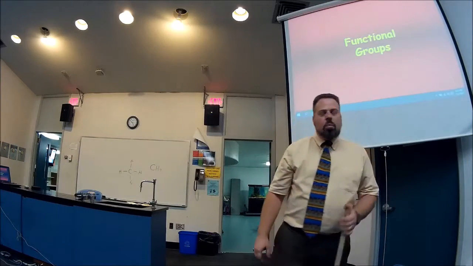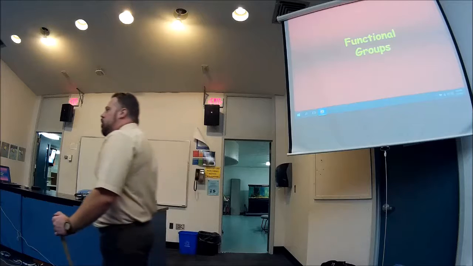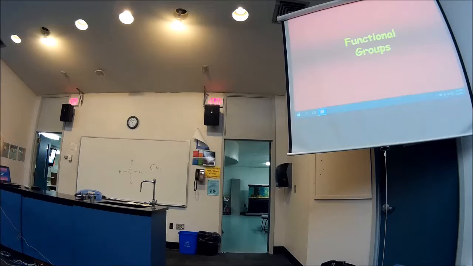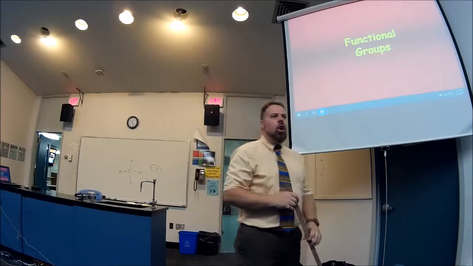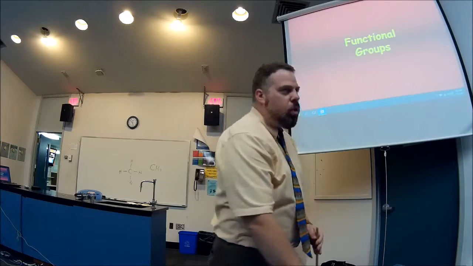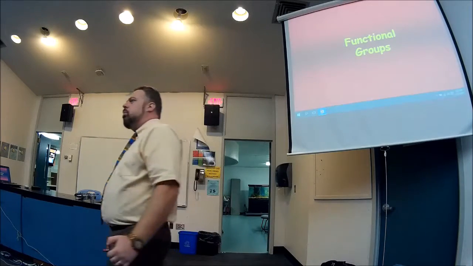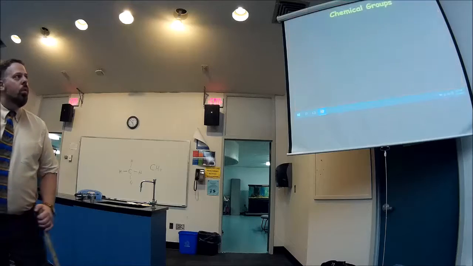Okay. So let's talk about functional groups. Now we have a chain of carbons, we could have a ring of carbons, but what things could be attached to these carbons? There's a long list, well not long, but 7 things you need to know.